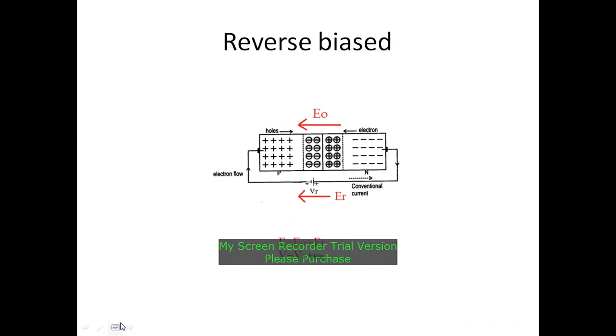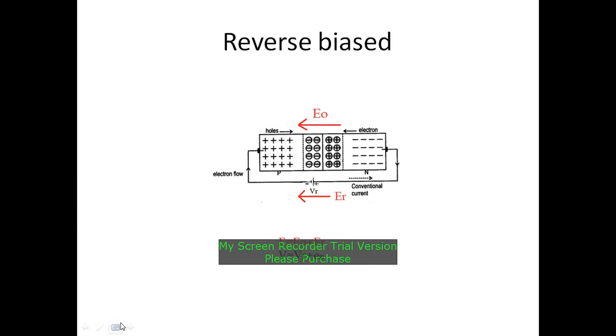The third quadrant is the reverse bias. What we mean by reverse bias is that the N side is connected to positive potential and the P side is connected to the negative potential. So the electric field due to the depletion region will be to the left, and the electric field due to the applied electric potential will also be to the left.